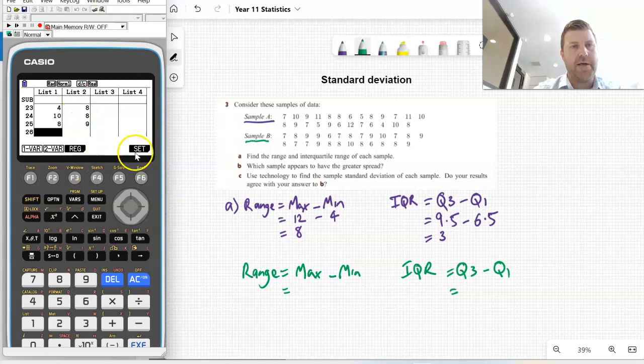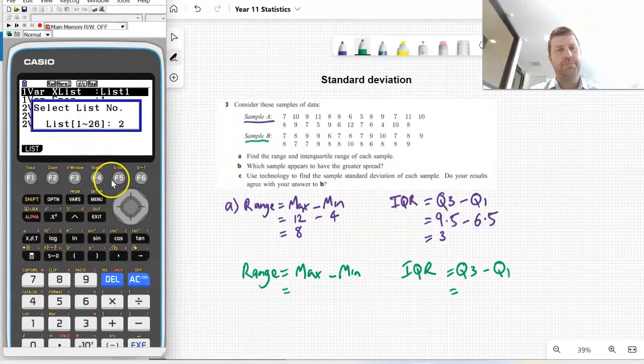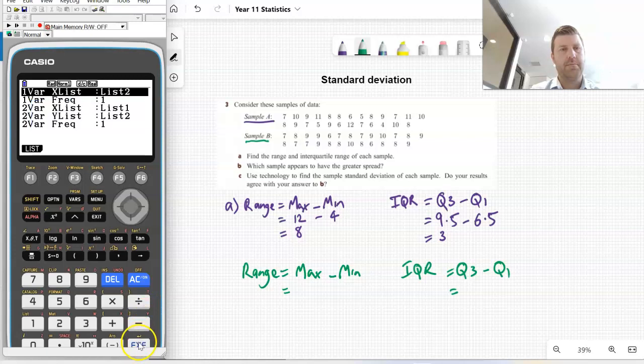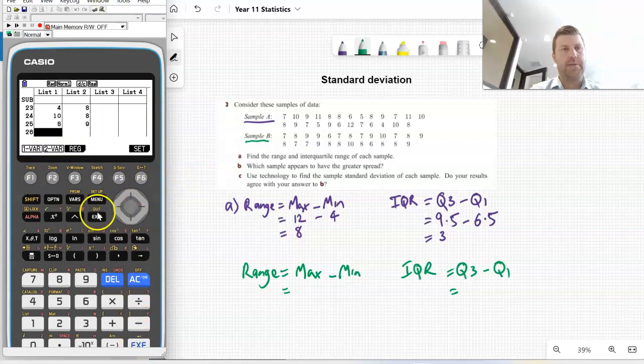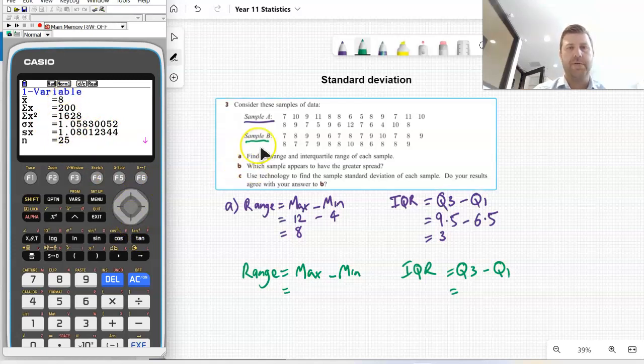Now to get that, I need to change the set that I'm looking at. At the moment I'm looking at list 1. So if I click on F6, which relates to the set, I'm going to change that list 1 to list 2. Exit. Then again, if I press F1 for my first variable, I will have the data here for that second list, or for sample B in this case.